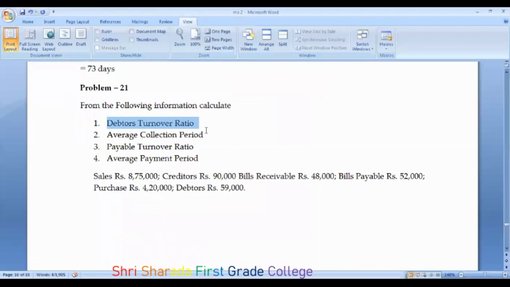In the case of payable turnover ratio, again only two pieces of information. Bills payable, opening as well as closing, is given. Sometimes they don't give you opening and closing, the amount will be given directly, no worries with that. And there is the information of credit purchases. Okay. And the value that you get will be divided by the number of days.